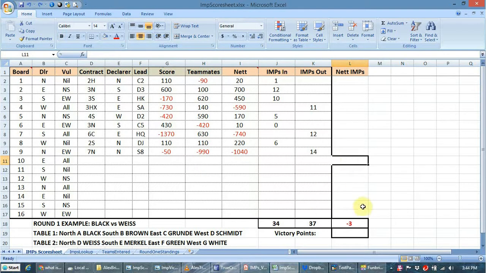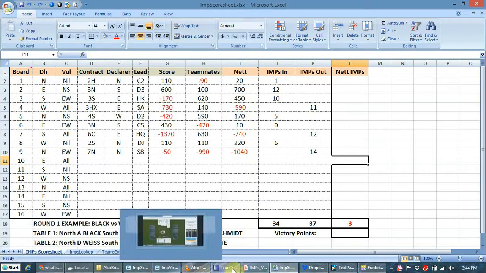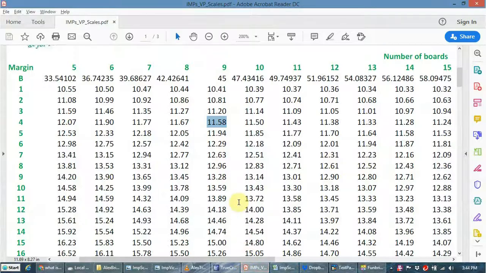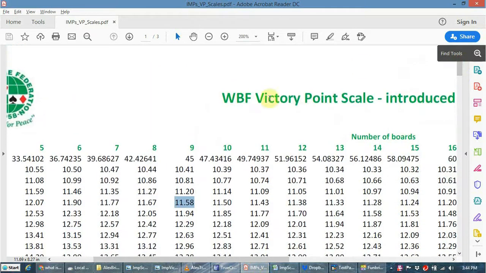Now, to further confuse matters, imps are then converted to something called victory points. And this scale over here shows you how that works. Now, this is a terribly confusing array of numbers, but basically this is a victory point scale put out by the World Bridge Federation.